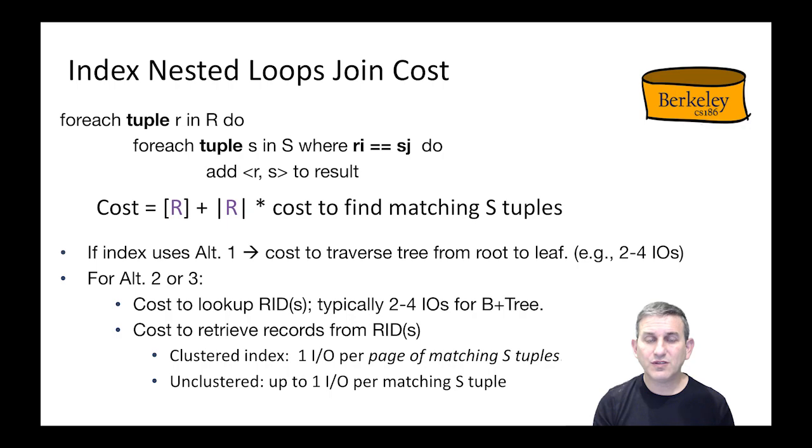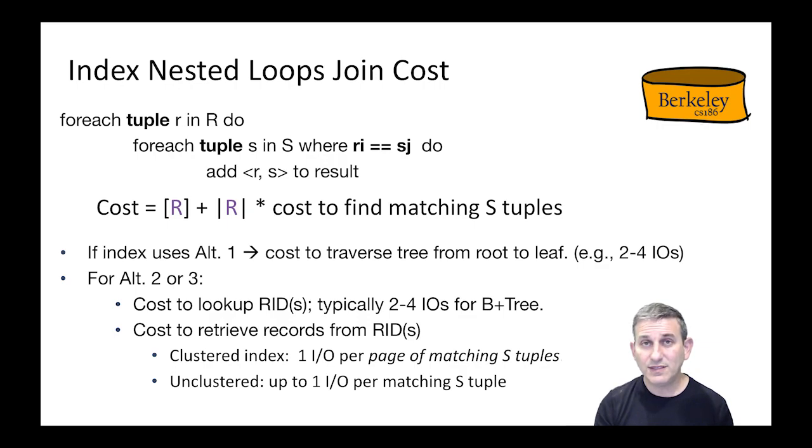So if the index uses alternative 1, the cost per tuple of R is the cost to traverse from the root to the leaf of the tree on S, which is usually 2 to 4 IOs, and a query optimizer will usually know the height of an index as a piece of metadata, so it can actually calculate that directly. For alternatives 2 and 3, we have to get the cost of looking up the leaf node, which again is 2 to 4 IOs for a B+ tree, and then the cost to retrieve the record from the heap file via record ID.